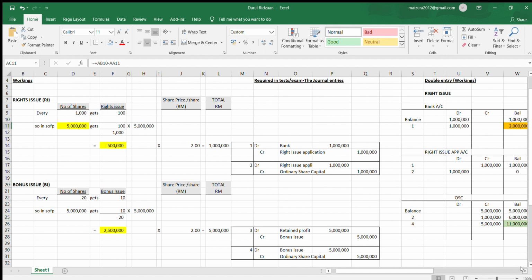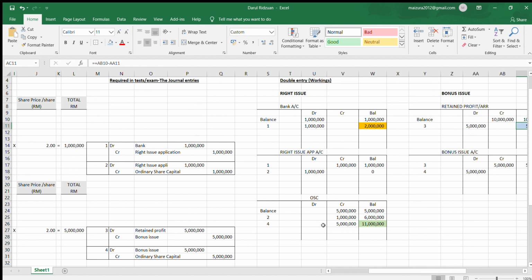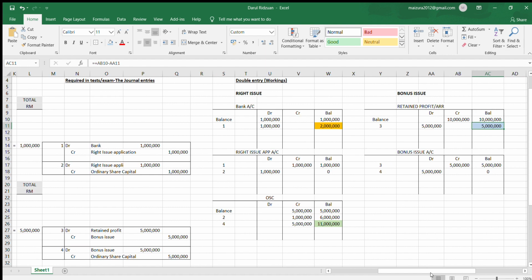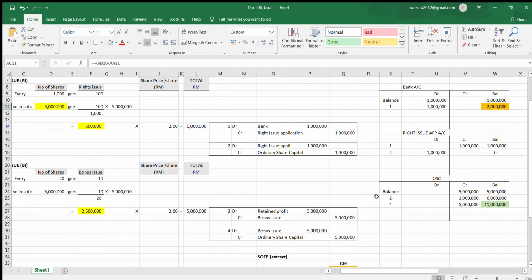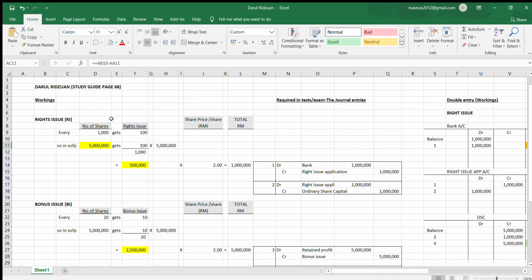And then I'm going to show you the workings in terms of the accounts, opening up of the accounts, which ultimately then the balance will be transferred to what is required in the exam and test, which is your statement of financial position extract.